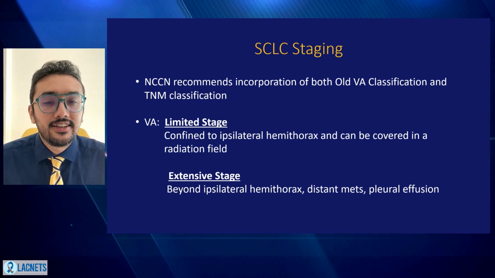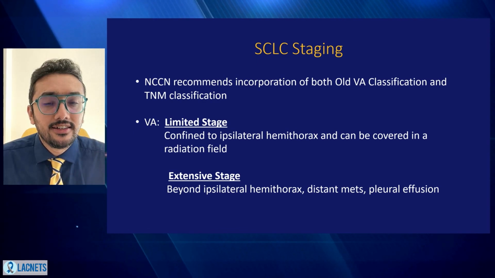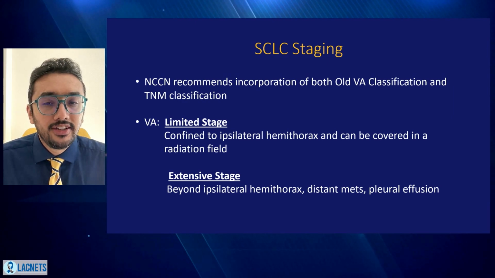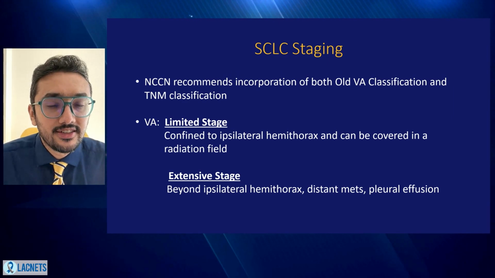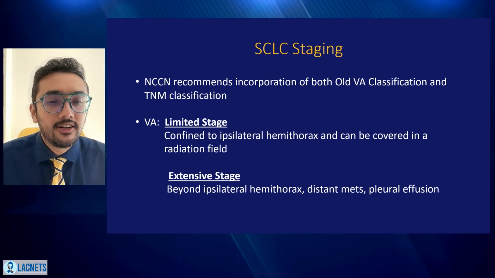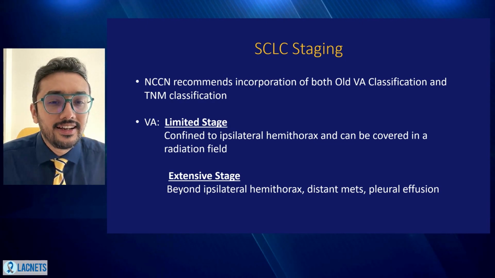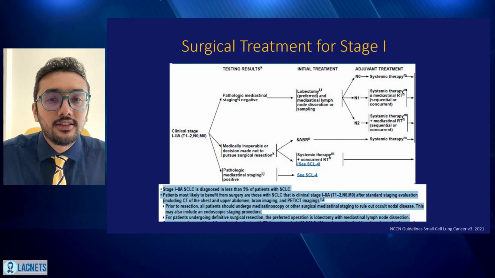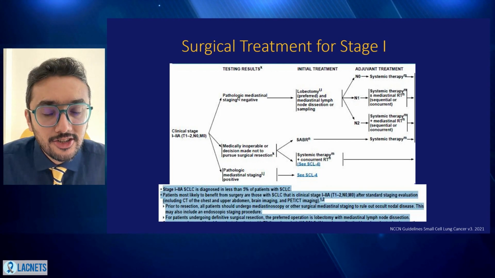Extensive means that it is widely spread, either to distant metastatic disease, or within the chest it's just too extensive, or involves the pleura or has pleural effusion, and it cannot be covered under one radiation field. So those are the ways we determine the staging.